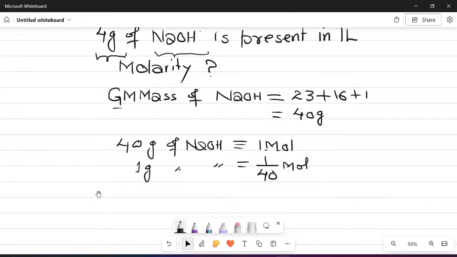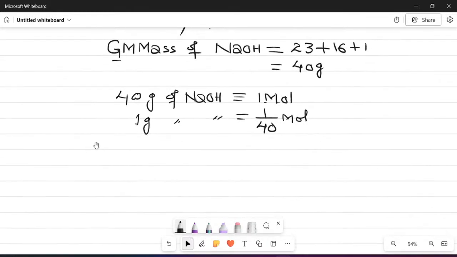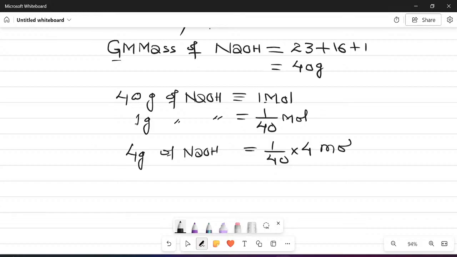And here we have 4 gram of NaOH. So 4 gram of NaOH is equal to 1 by 40 into 4 mole. So you have 1 by 10 mole.